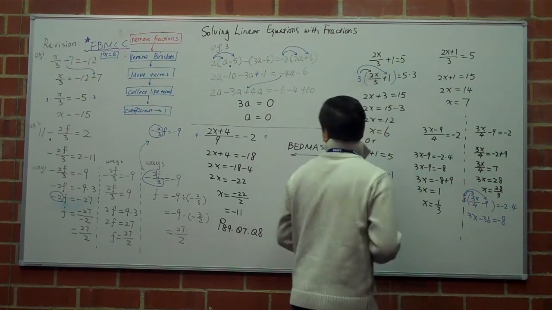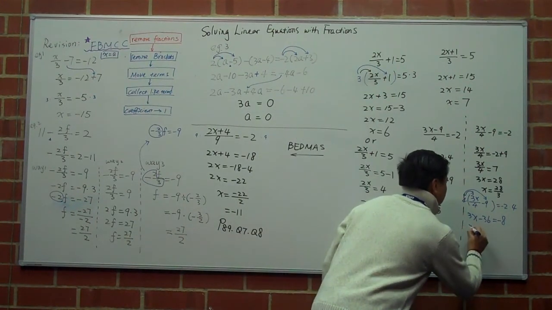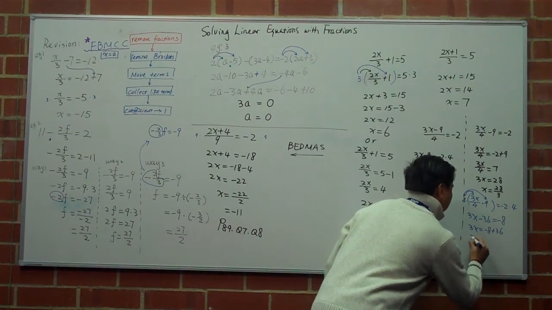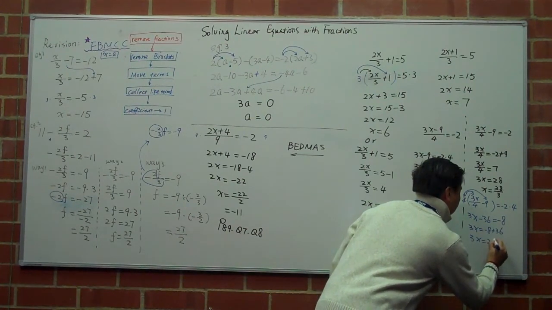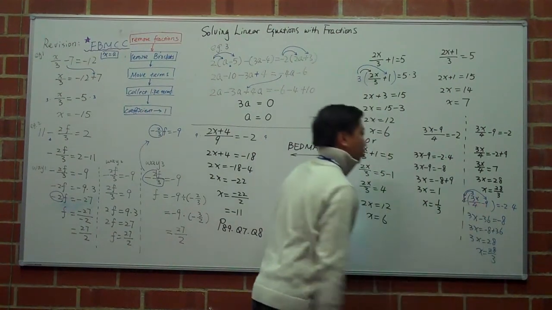And then I move terms, collect like terms, make coefficient 1. You can still get this answer.